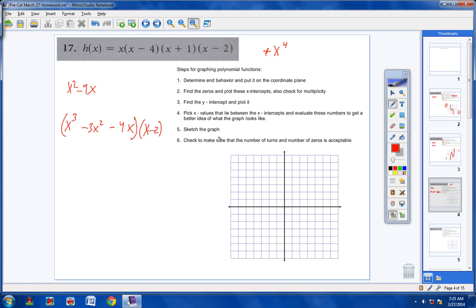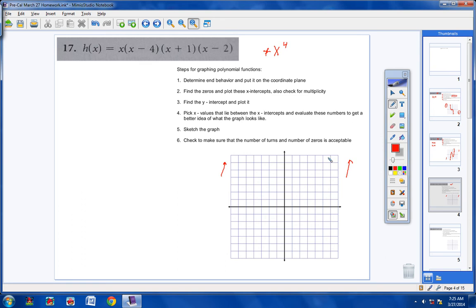And when you do that, you'll get a real long polynomial function. That's fine. But either way, or you can try to do it a short way like I've done it, you're going to come up with the degree is 4 and the lead coefficient is positive. So that means the graph's going to go up this direction and up this direction over here to the right.